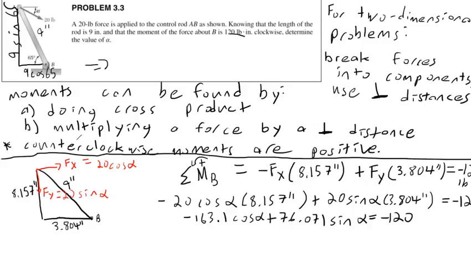Oh, I need to actually have lower bound, upper bound. I get that alpha equals 23.2 degrees. If I didn't have access to a graphing calculator, I would use trig properties. Okay, so questions on that?